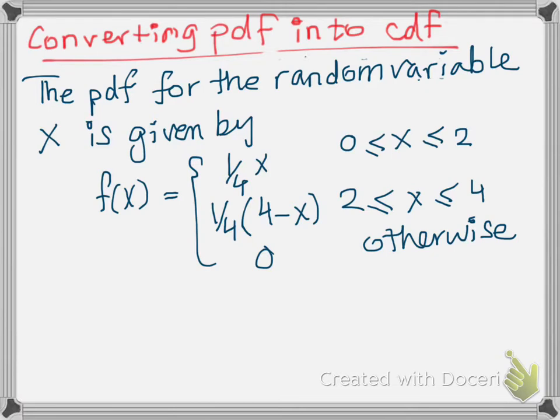So if we want to find the cumulative distribution function by just using graph, let's first of all graph this function. The function looks like a straight line from 0 to 2. The slope is 1 over 4, and we have 1 over 4 x as a function, so we'll draw it something like this.